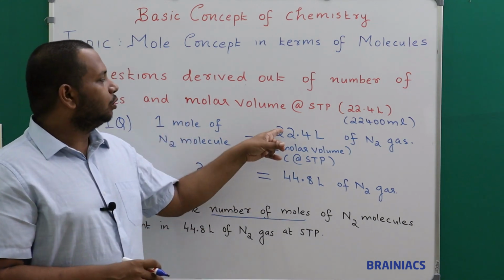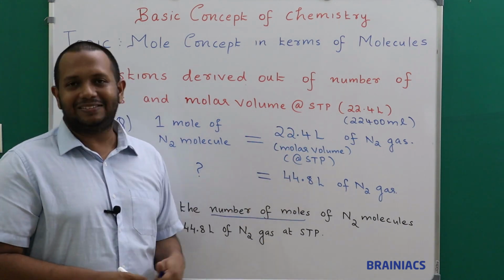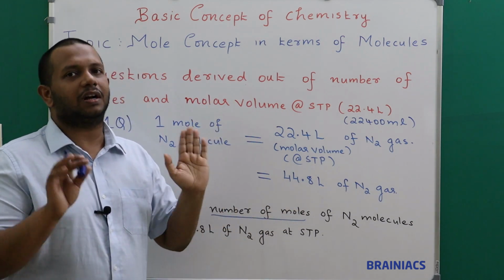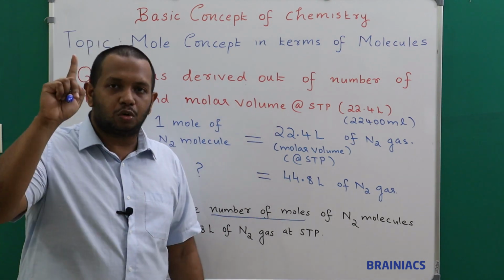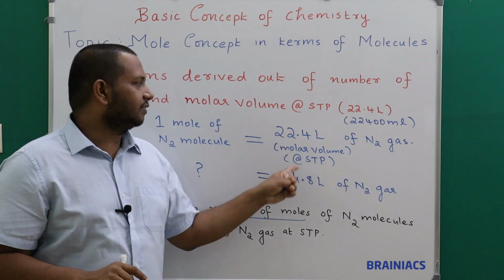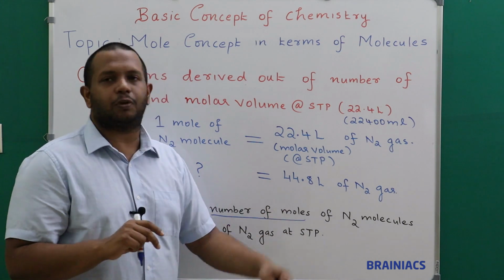Now tell me how to convert 22.4 liter to 44.8. I have given an easier value here. They can ask for 1 liter, they can ask for 2 liter. Whatever be the case, 22.4 liter should be converted to 1 liter, then multiply by the number you want. So here it is direct: 22.4 should be multiplied by 2 to get 44.8.